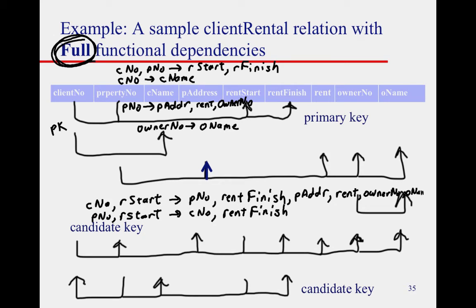But then, once I have that, I say, okay, this is a transitive dependency. Why am I including a transitive dependency in there?